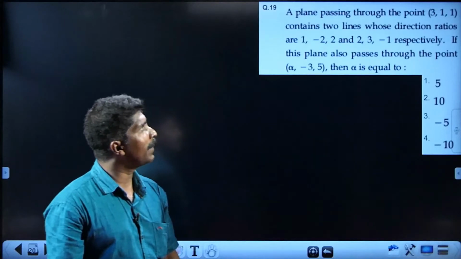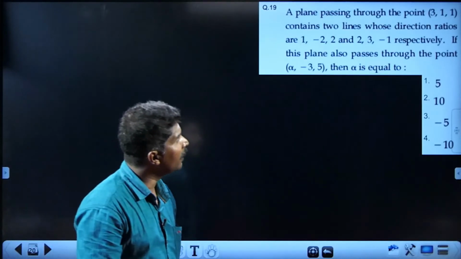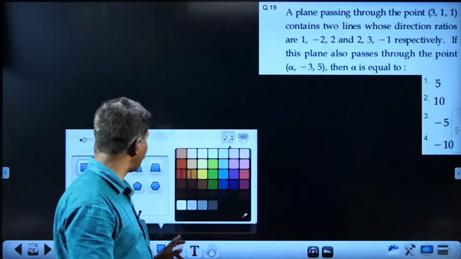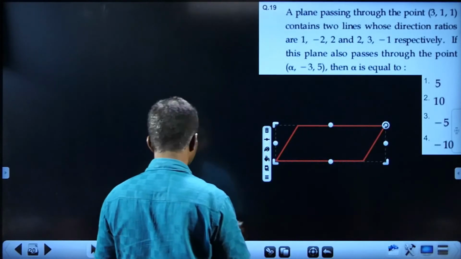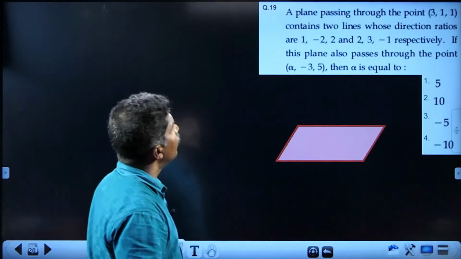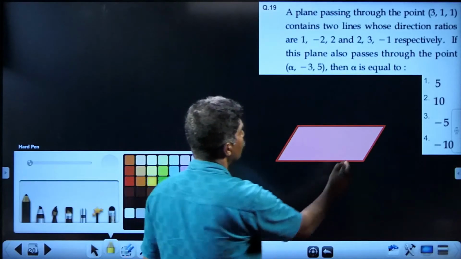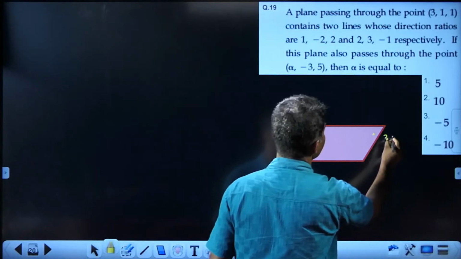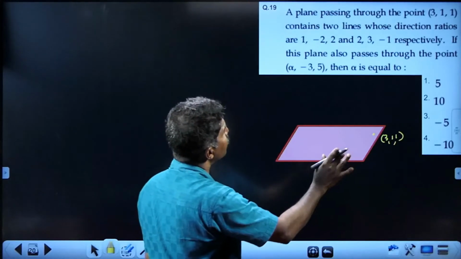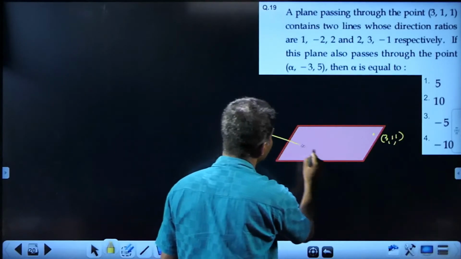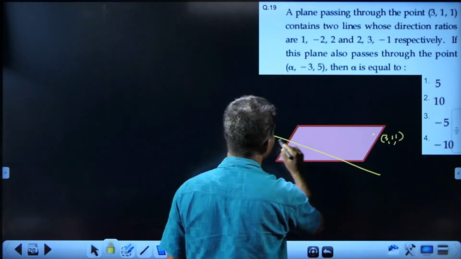19. A plane passing through the point 3, 1, 1. Here is a plane that is passing through the point 3, 1, 1. And it contains two lines, one line like this and another line like this.